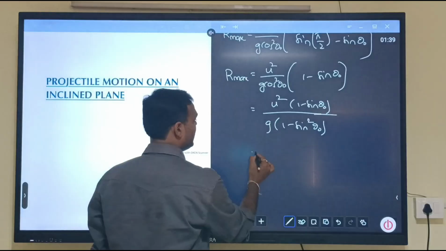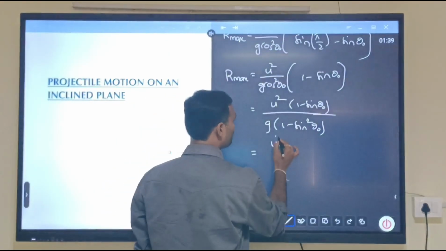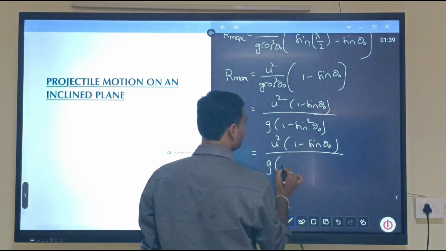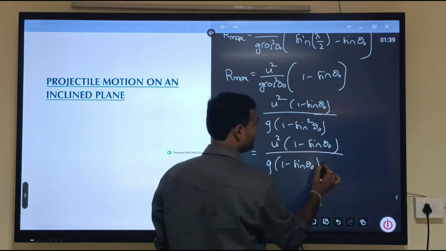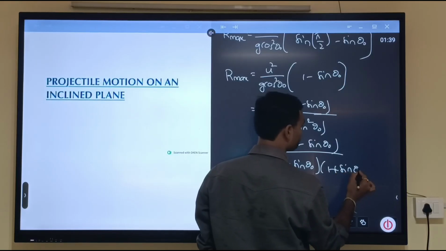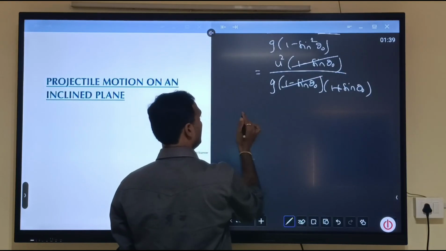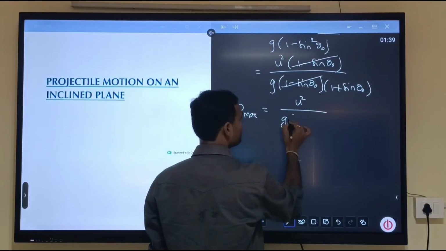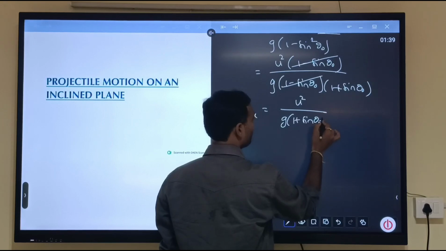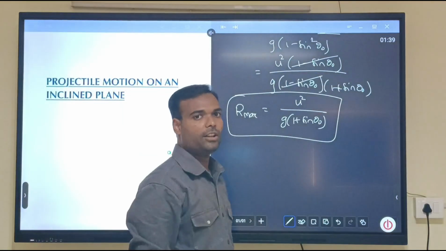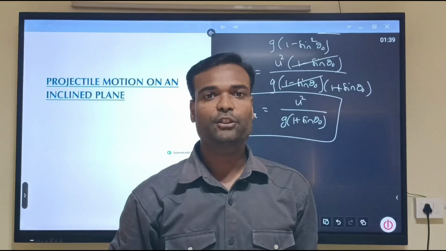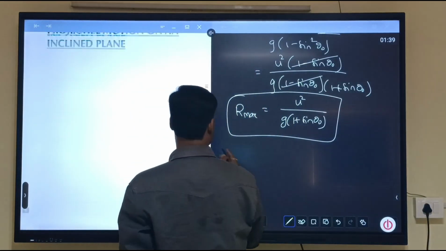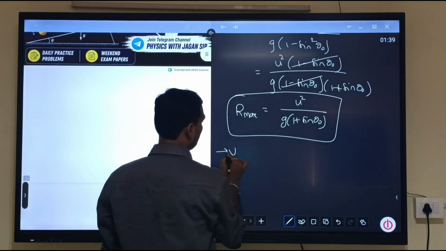This will be u square (1 minus sin theta naught) by g (1 minus sin theta naught)(1 plus sin theta naught). Then these two get cancelled, and ultimately we get R max equal to u square by g (1 plus sin theta naught). This is the maximum range on the inclined plane. Right? Now, next one is velocity.